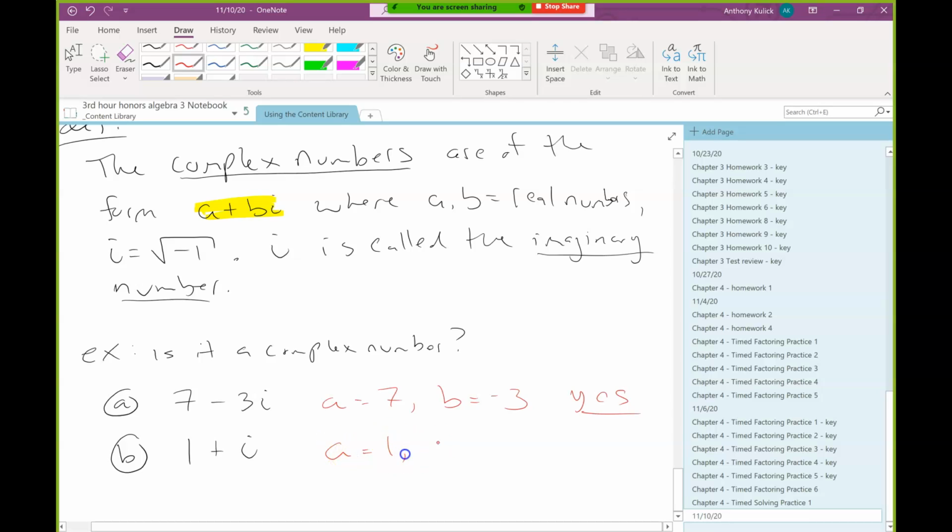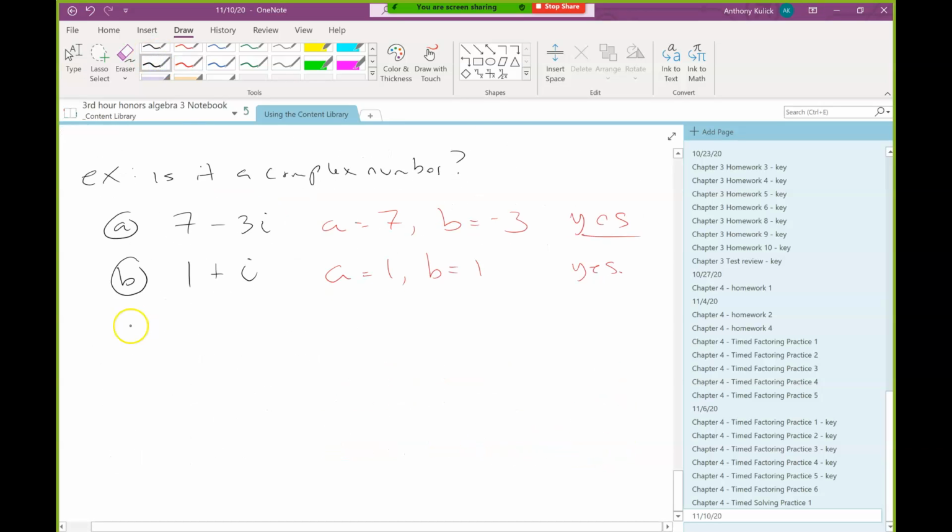What about 3 minus i over 5? Is that a complex number? It is. We can just think about it as 3/5 minus 1/5 i. Right? You can just write that as two separate fractions with a common denominator. Is everybody okay with that?